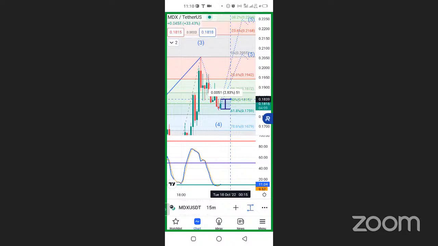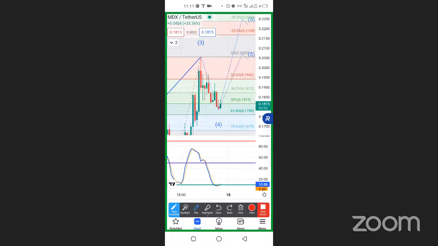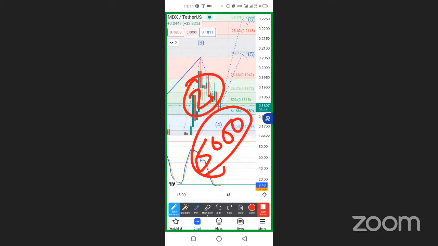Now, remember, your take profit is determined by how much money you have invested in the coin. It doesn't depend on the wave. If you put in one shot with $5,000, 2% is enough for you. You don't need to look for the 10% that other people keep talking about in the group.